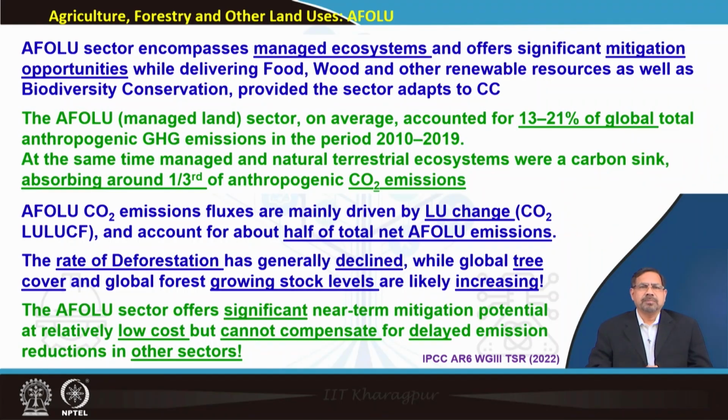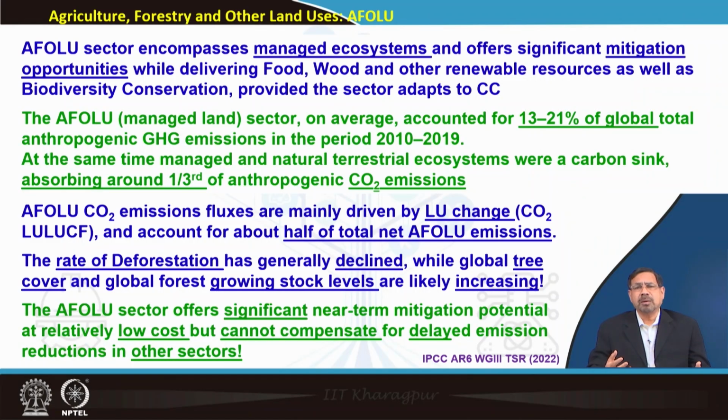At the same time, the natural terrestrial ecosystems were a carbon sink. Earlier, it has been a carbon sink, our natural terrestrial system, and it absorbs almost 1/3 of the anthropogenic CO2 emissions. So, 1/3 means 33%.